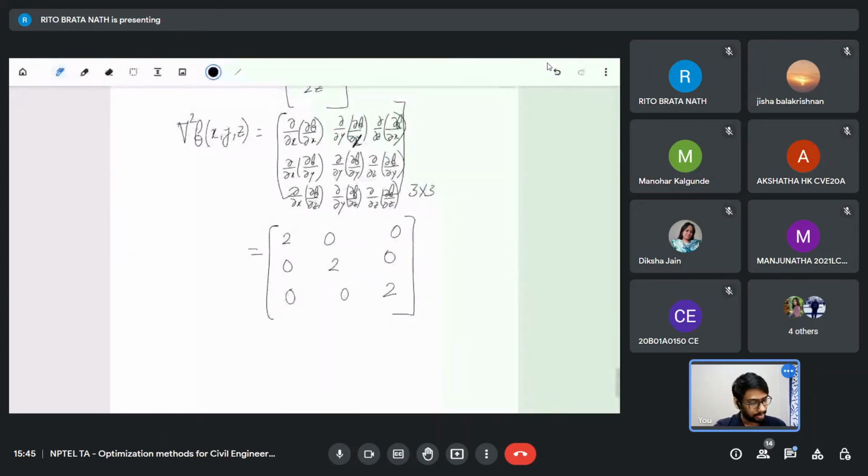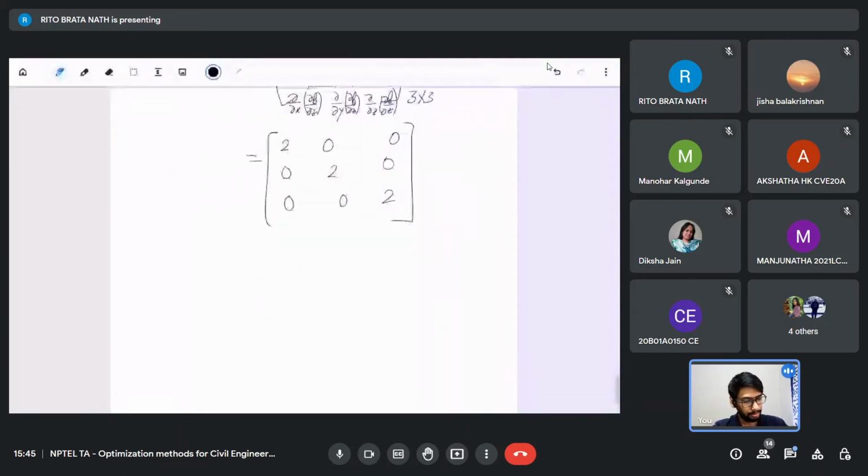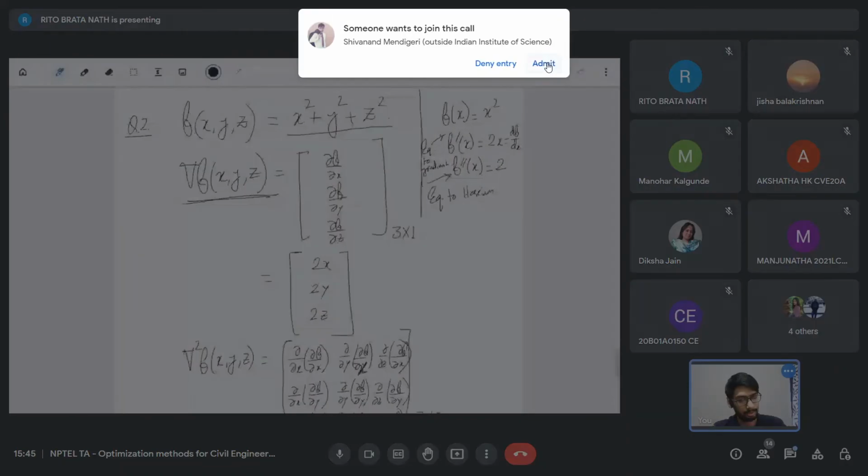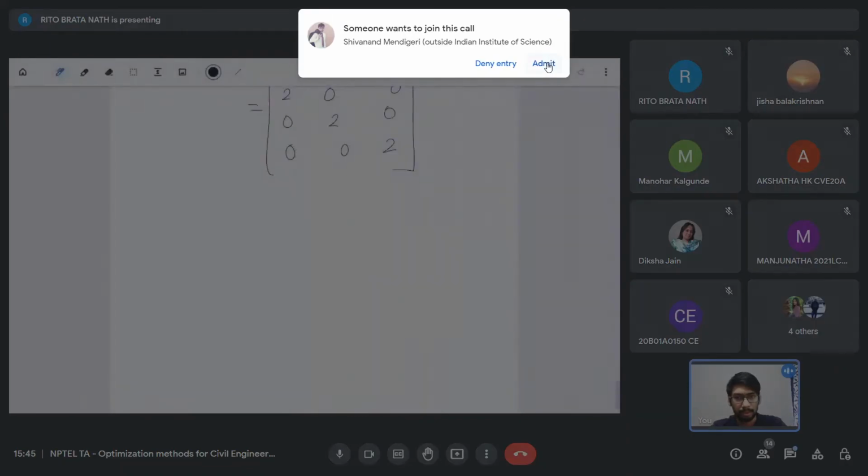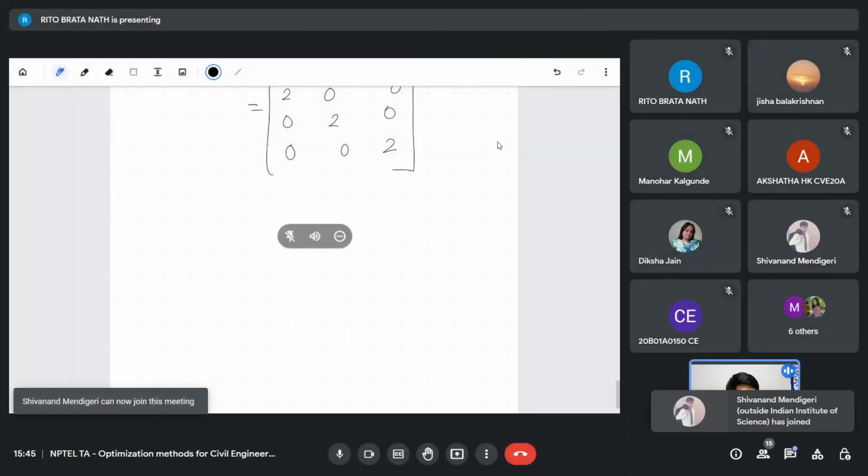So since there are so many doubts, let me stop with another simple example related to this because I think we're having a lot of doubts related to this.